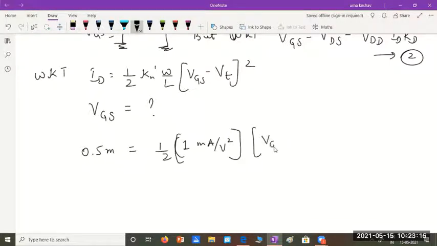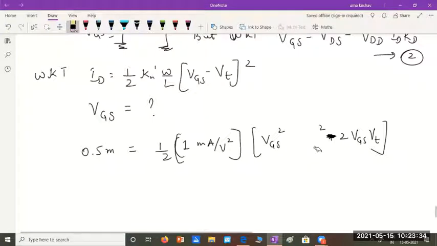Here I have VGS square plus VT square minus 2 VGS into VT, the A minus B whole square formula I am using. Or rather than using this, I'll keep it as it is. It would be simple. I'll just find this value.